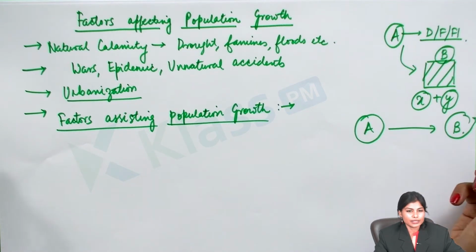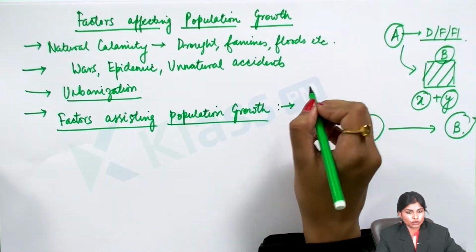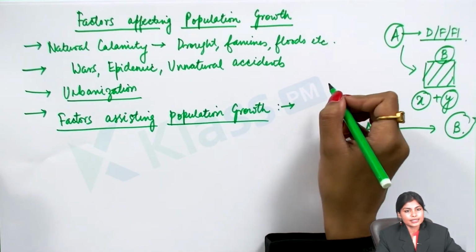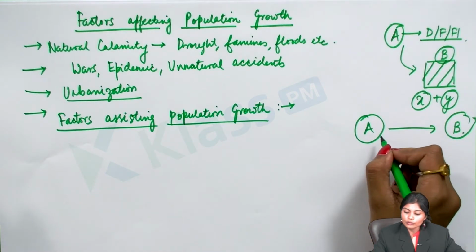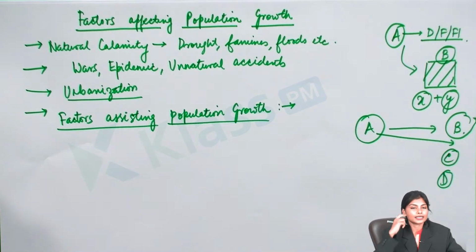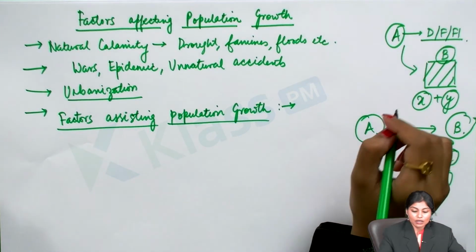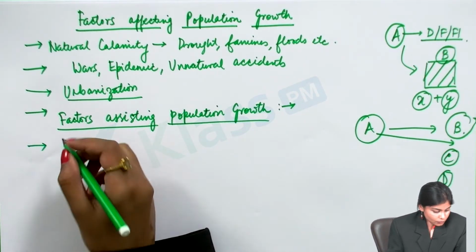There has to be some reason. Automatically, these are some of the factors which are affecting population growth. But you also have to make out why people are moving from A to B, why they are not moving from A to C or some other area, say D, E or whatever. Okay, so what are the factors which assist population growth?